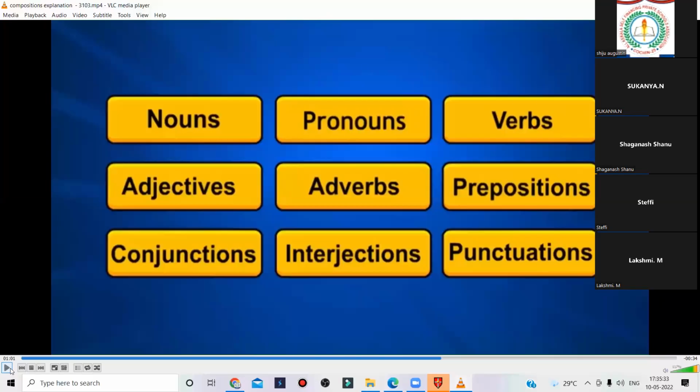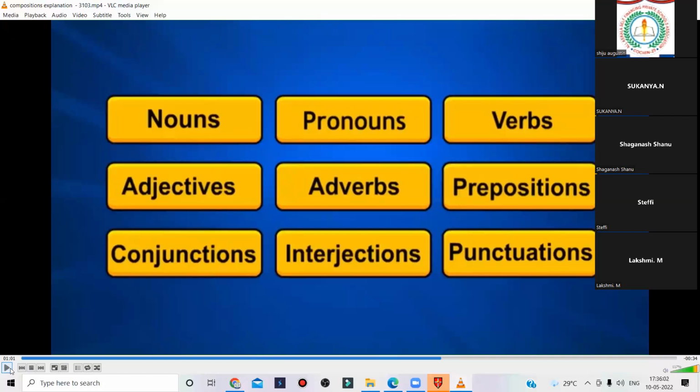Adjectives are added with the nouns to attribute or to explain the noun. Adverbs explain the doing word or the verb. Prepositions show the position of the objects in a sentence or connect the objects, the subjects and predicate.